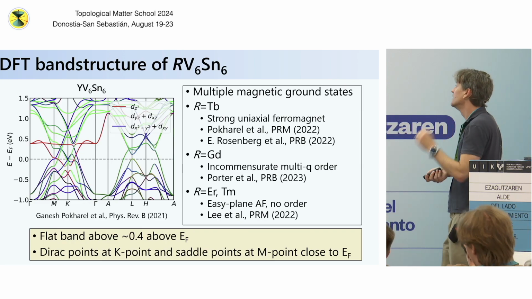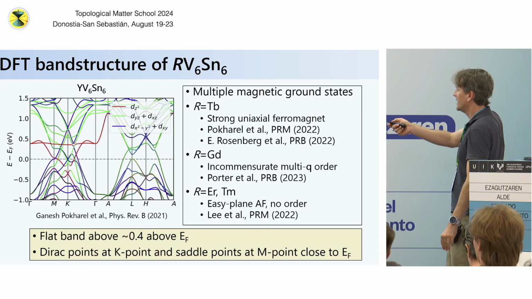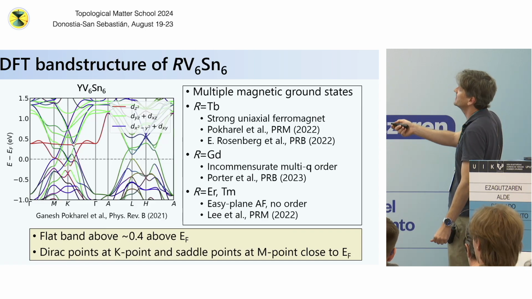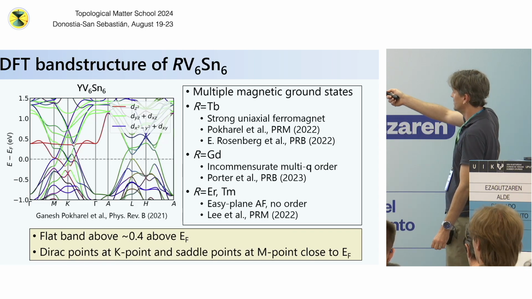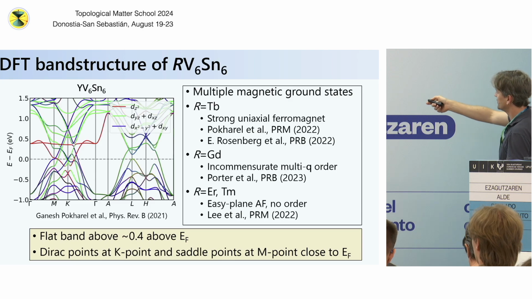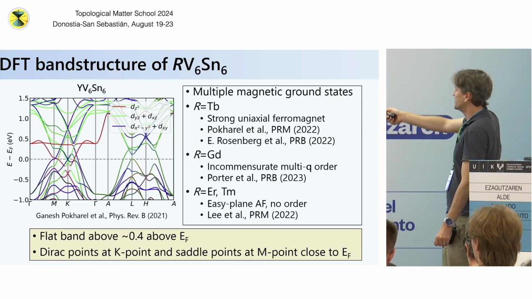Okay, and so then you can interface these Kagome states near Van Hove filling with a variety of different types of magnetic order. It can either be non-magnetic in the yttrium case, or you can interface it with strong uniaxial ferromagnetism by putting in terbium. You can interface it with incommensurate multi-Q order with gadolinium, or easy plane, for instance, by putting in erbium or thulium.